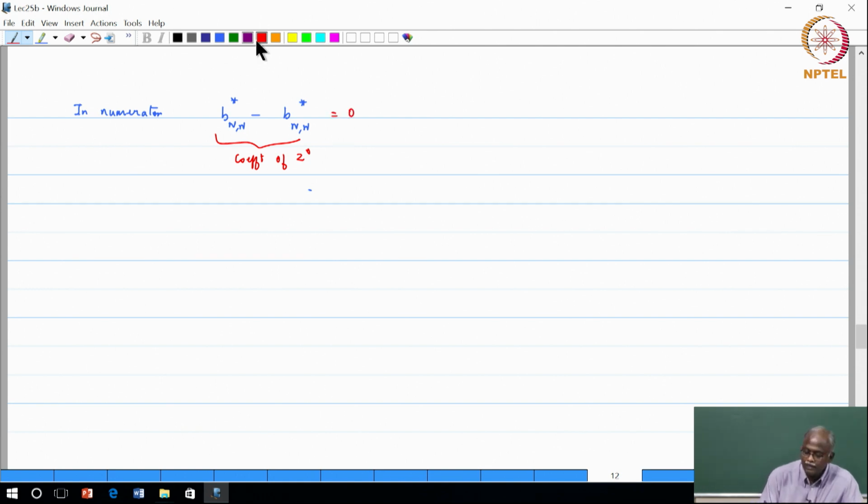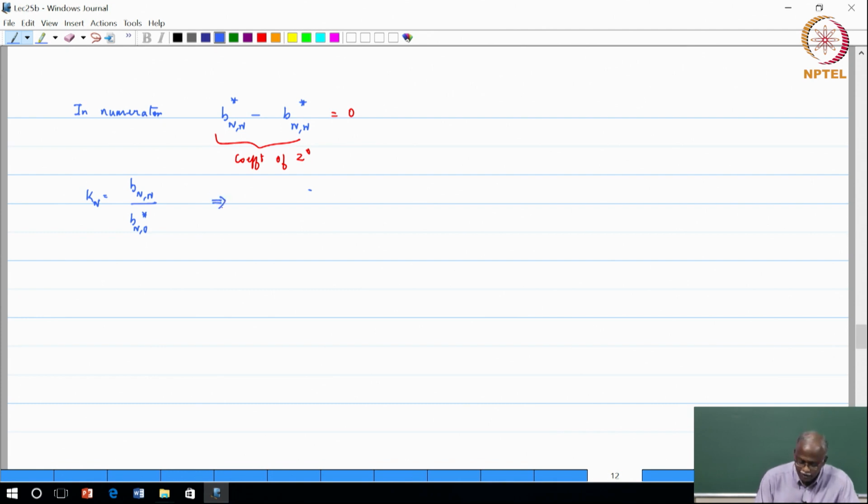Okay. So, the choice that we have made, choice of Kn equal to minus Bn comma n divided by Bn comma 0 conjugate, within the structure and the framework that we have been working with.